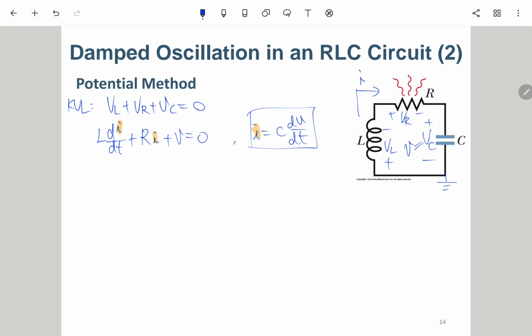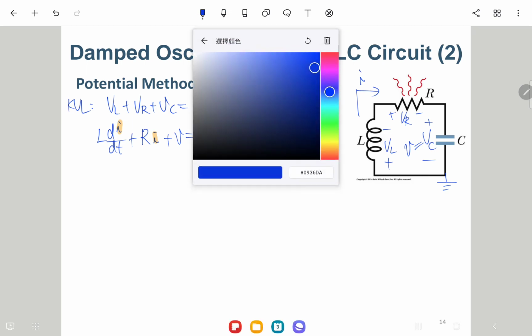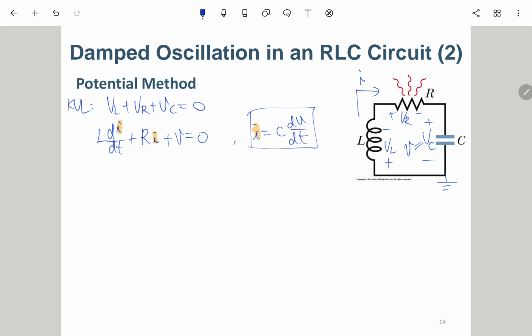In this case we have L times C d2V/dt2, first derivative, second derivative, and then C times L. So we have LC d2V/dt2, plus R times C dV/dt, plus V equals 0.